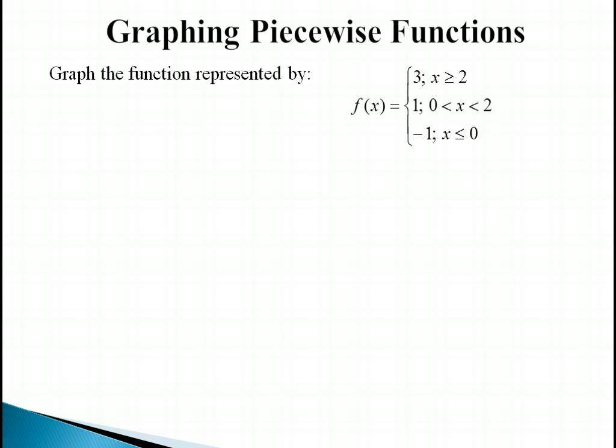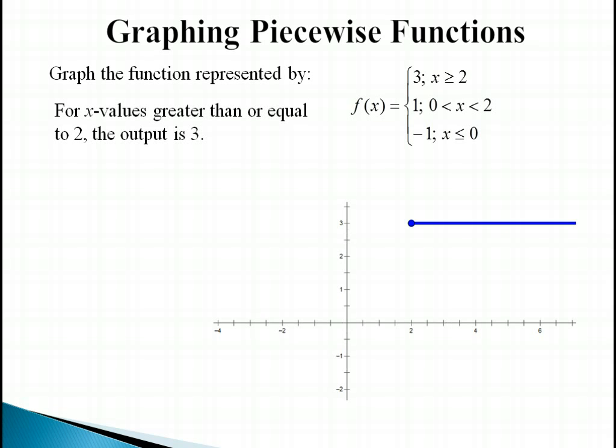Okay, let's try this one. We have the output being 3 for all the x values greater than or equal to 2. Our output is 1 for any x values between 0 and 2. And it's going to be a negative 1 output for any x values less than or equal to 0.